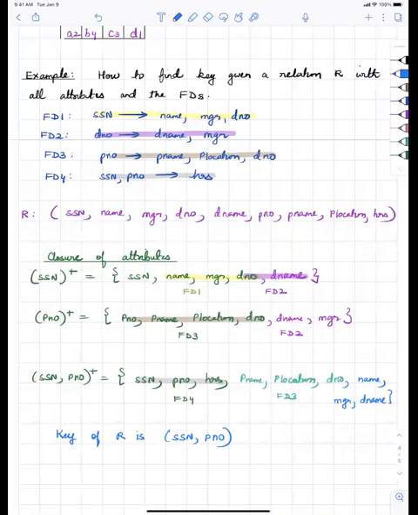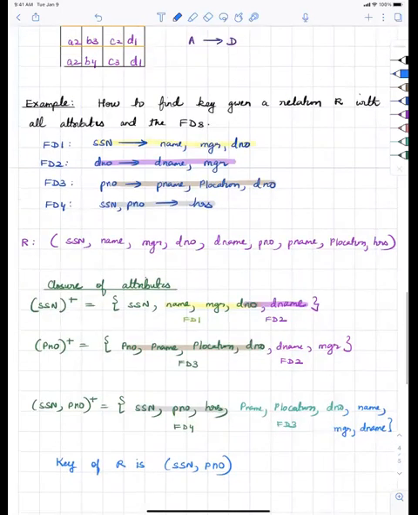That is the key for this particular table. So in this case, I would underline SSN and P number. So these two together are the key for this table. So is there any questions? Did you understand what I just did?